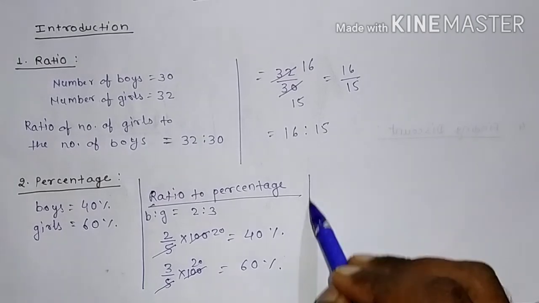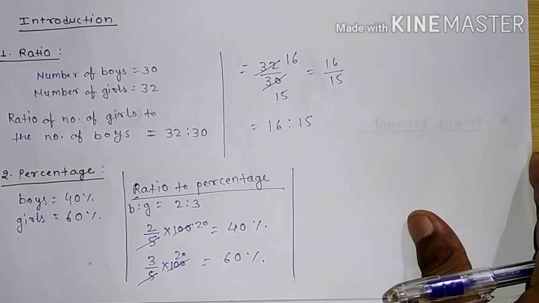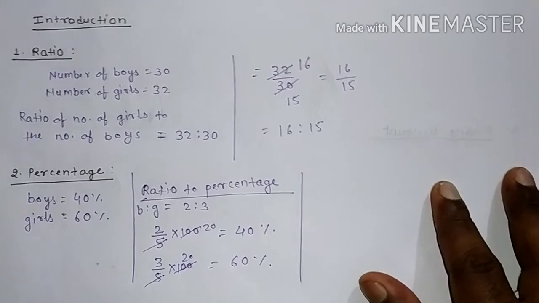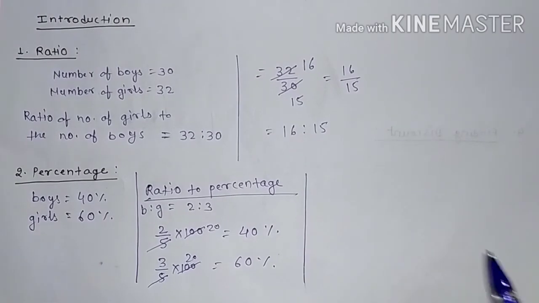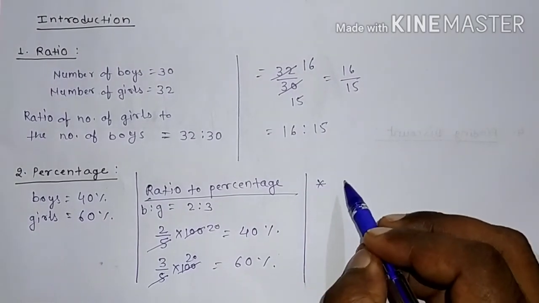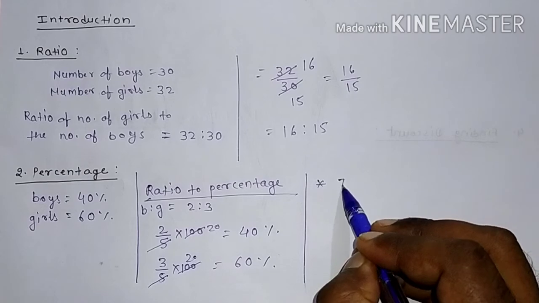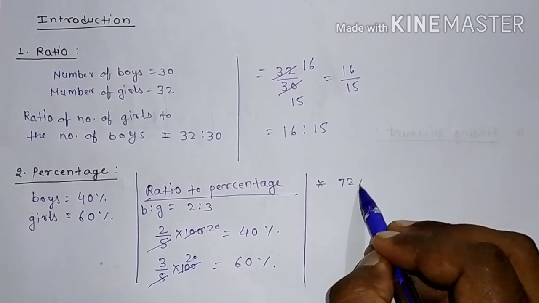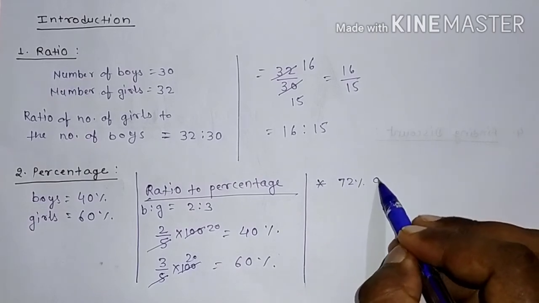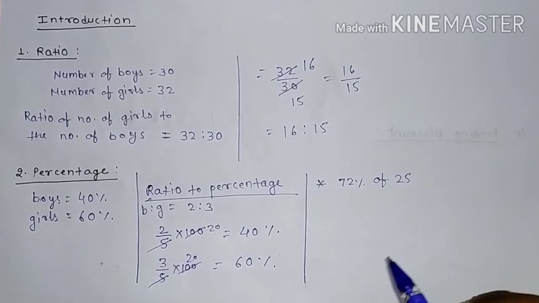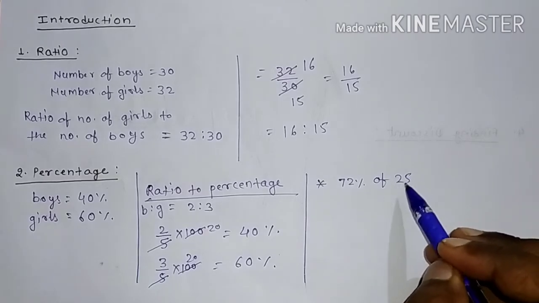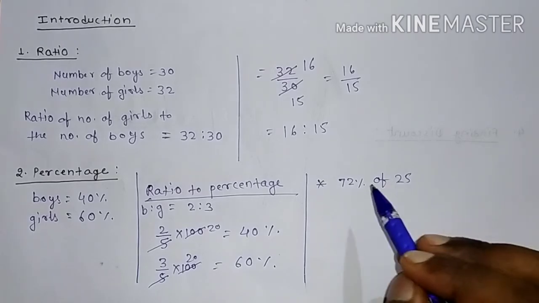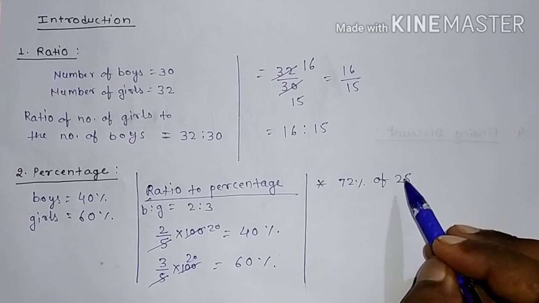Now the next topic, that is, if we have to find, let's suppose the question is given, find 72% of 25. Now the number is given, 25, and we have to find 72% of this number.